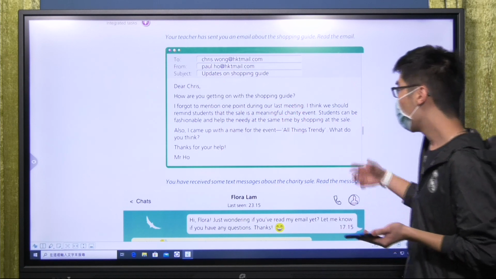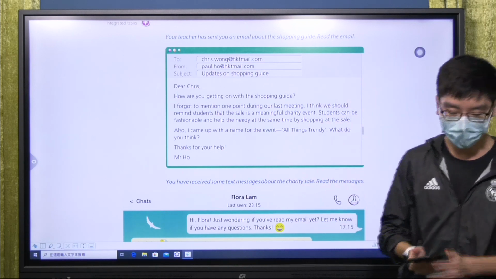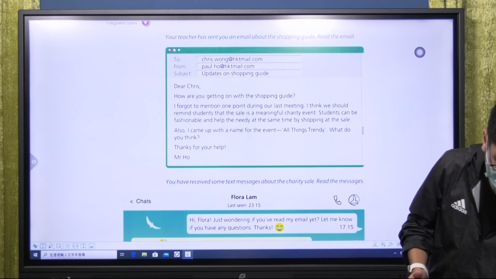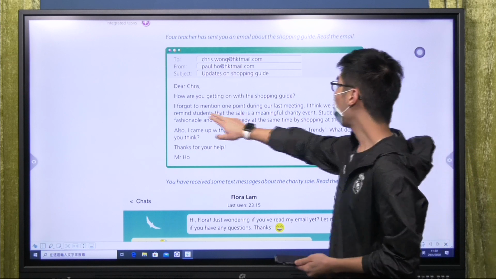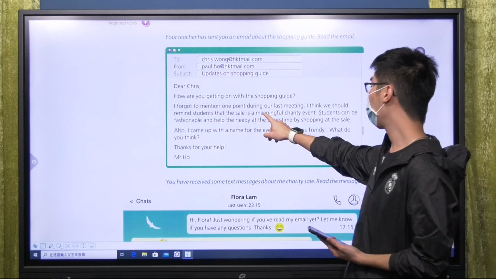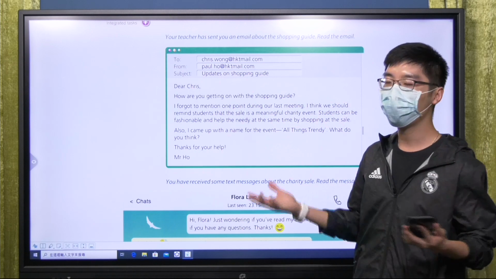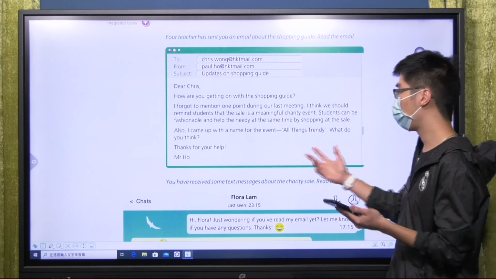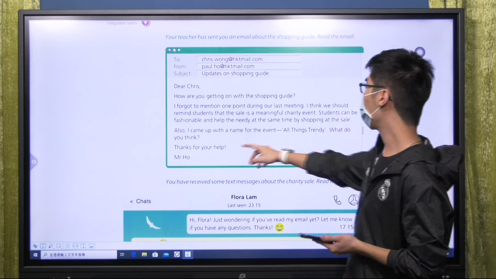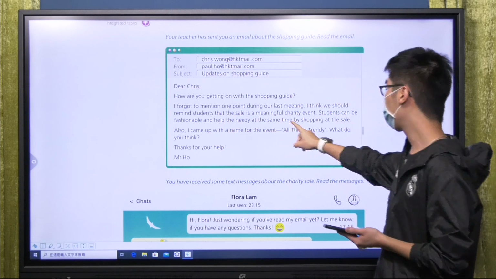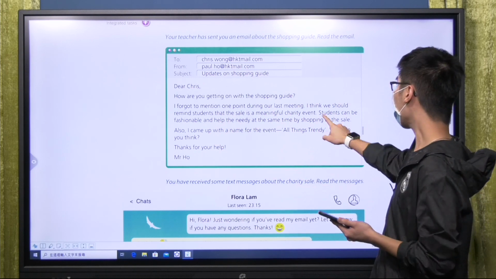Okay, so as we need to have the charity sale as mentioned, for the fashion cup, okay, so I forgot to mention one point during our last meeting. So this part is adding more information besides the note taking for the task 1, okay? So I think we need to remind students that the sales is meaningful charity event, okay? Meaningful, 有意義嘅.